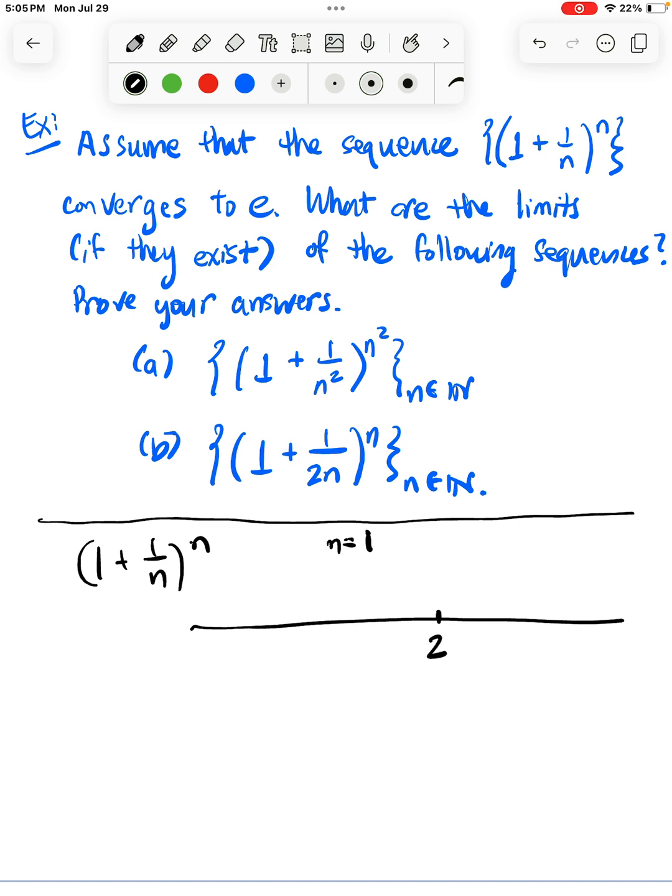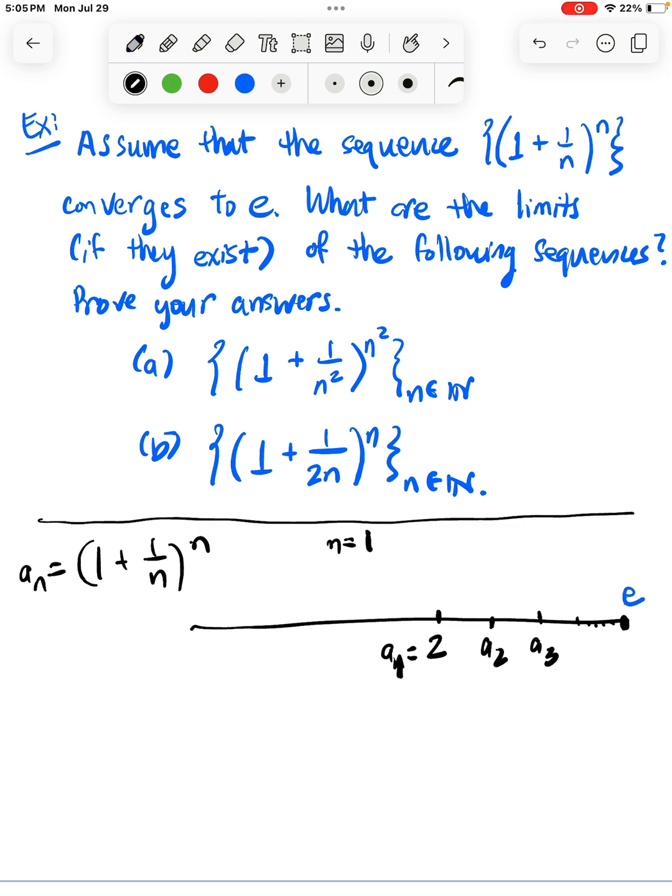So a1 is 2. Let's say this is a_n. Then you have a2, which is (1 + 1/2)^2, then a3, and it turns out that they converge to some number. Well, the number e. The a_n's converge to e.